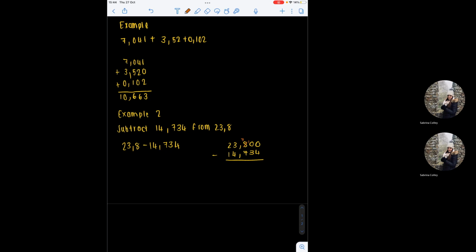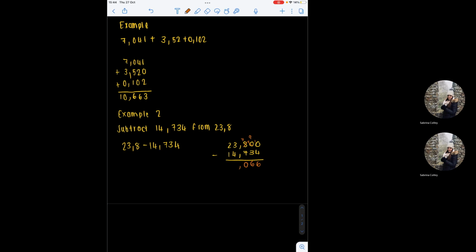Okay, but remember we had to borrow from this one as well, so that becomes 9, and we give the 0 1. So it will be 10 minus 4 is 6, 9 minus 3 is 6, 7 minus 7 is 0. And now since these commas are in line with one another, we're going to put 1 here as well.